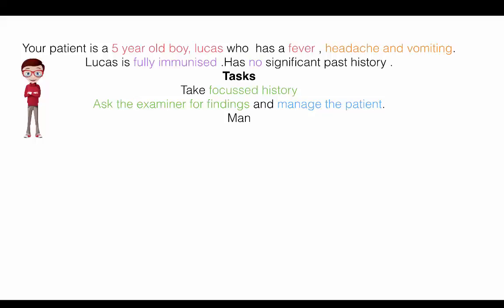Because sometimes in some scenarios, there will be information like this: Lucas is on atenolol or bisoprolol, which is a beta blocker. That's when you use this analytical approach, where you will ask, why is Lucas on atenolol, which is a beta blocker, in someone with fever, headache, and vomiting? Why did they give this information? How is this relevant to my symptoms?